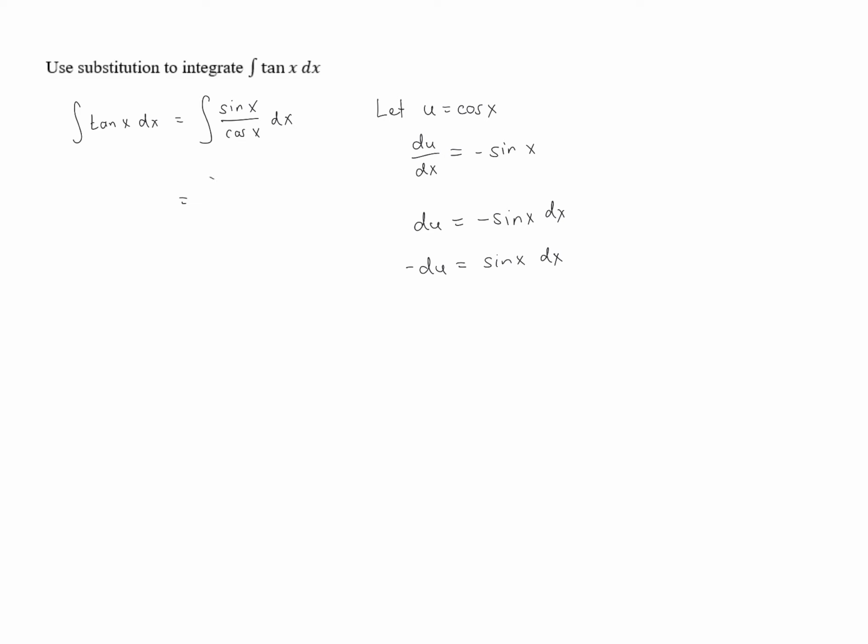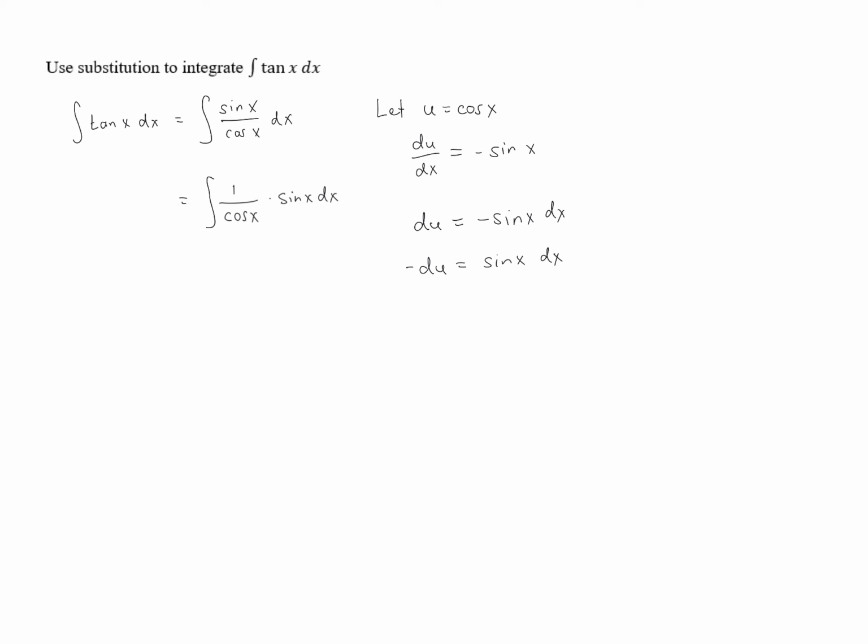I want to do one thing first that might just make this look a little easier to some of you. I'm going to take this sine of x and move it outside of the fraction. So I'm going to write this as 1 over cosine x, and then after that it'll be times sine x dx.